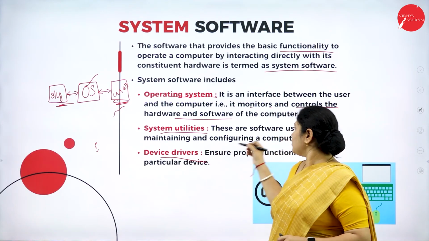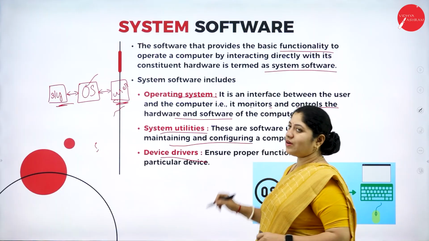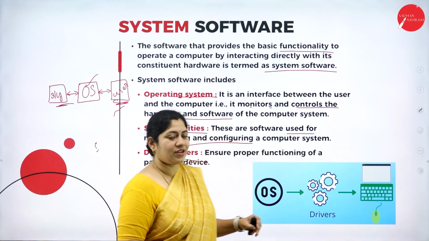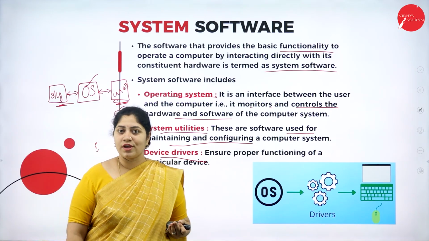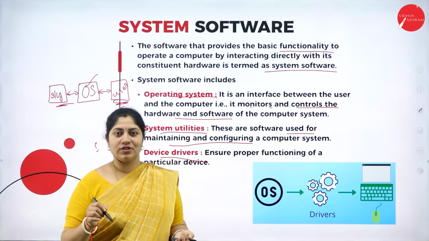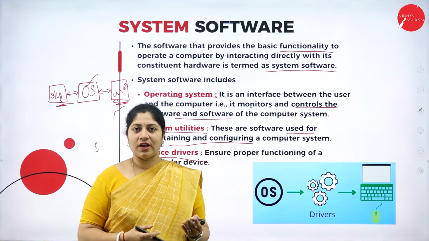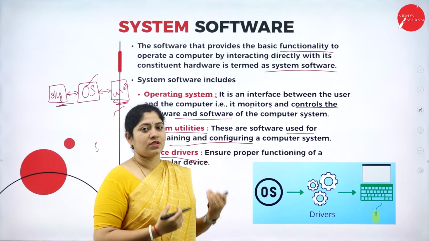So we can say system utilities are used to maintain as well as configure a computer system. Up next, the third one is device drivers. Device drivers ensure the proper functioning of a particular device. If we consider any device, we need device drivers. So that's where we'll be using the device driver.